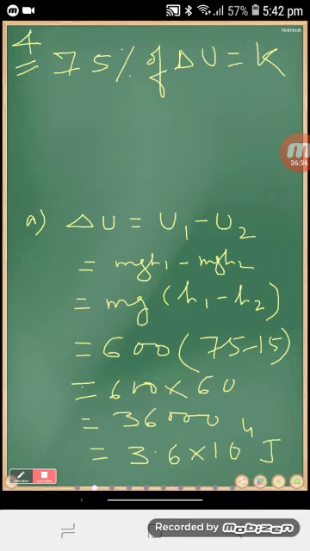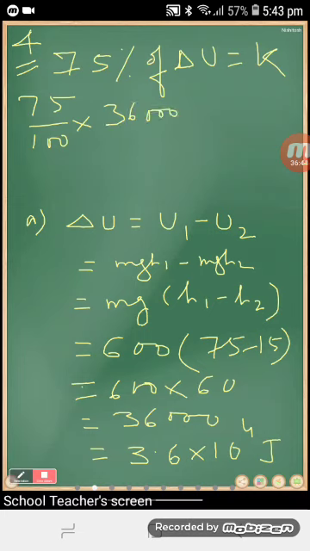So 75% means 75 upon 100 into 36,000. This will be equal to half m v square.